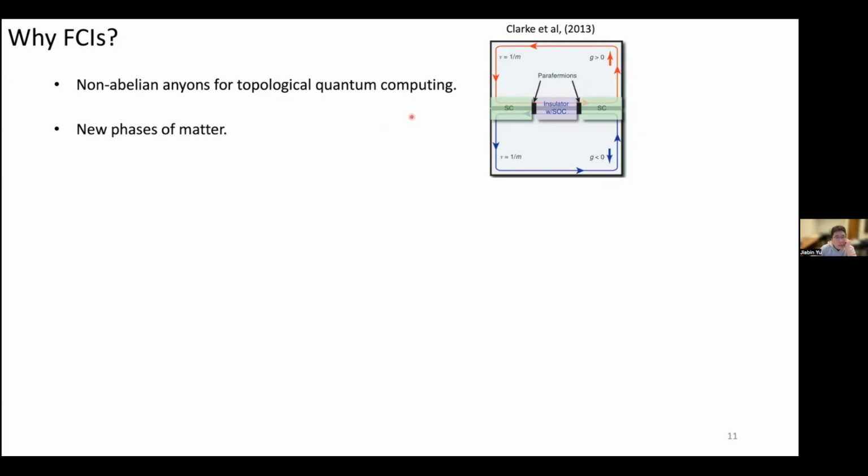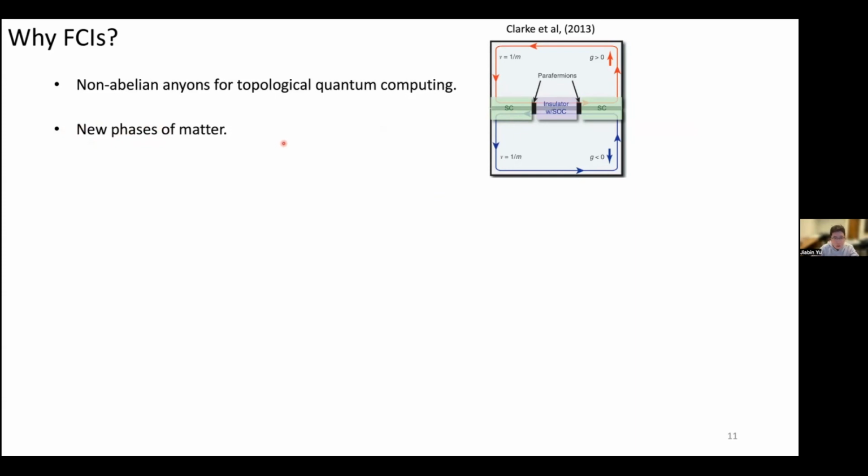So this is one motivation. The other motivation is that FCIs themselves are new physics matter, and the realization of them may help realize more exotic physics matter that have no analogs before. And I will discuss this more at the end of this section. So this is the motivation.